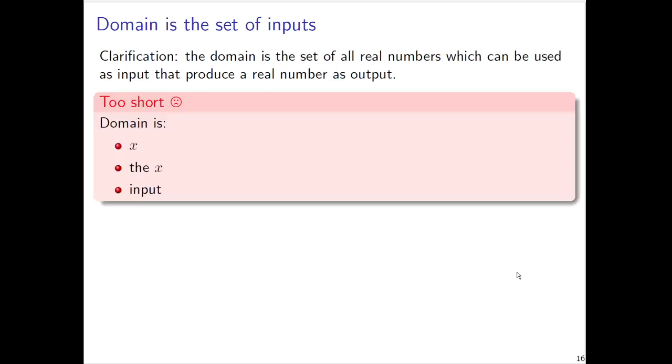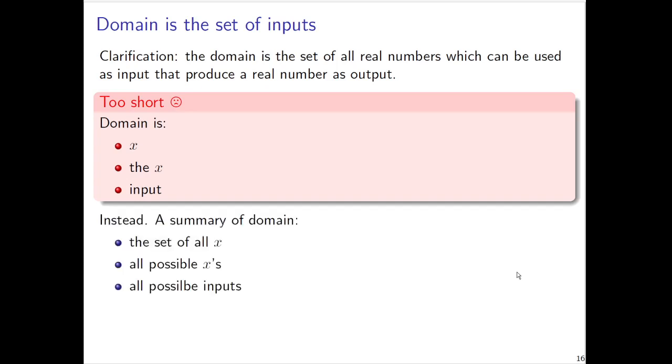Just a clarification: the domain is the set of all real numbers which can be used as input that produce a real number as output. Sometimes people try to say the following. When asked, what's the domain, people say x, or the x, or input. That's too short. It's too cheap. Unfortunately, it does not describe what's really going on with domain. Maybe the clarification at the top is rather long, and I get that.